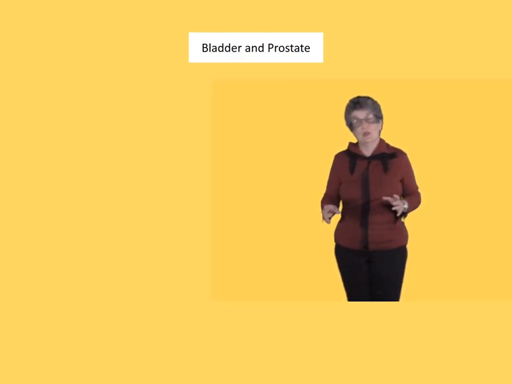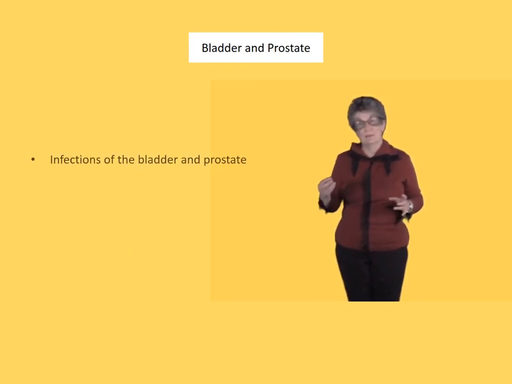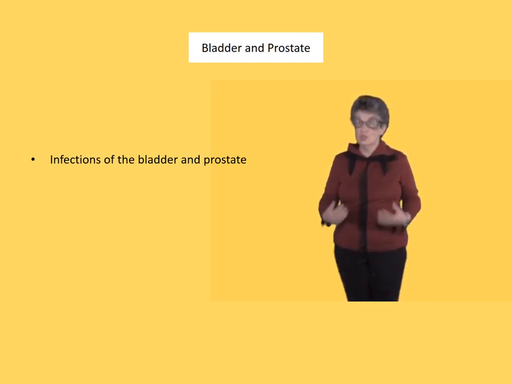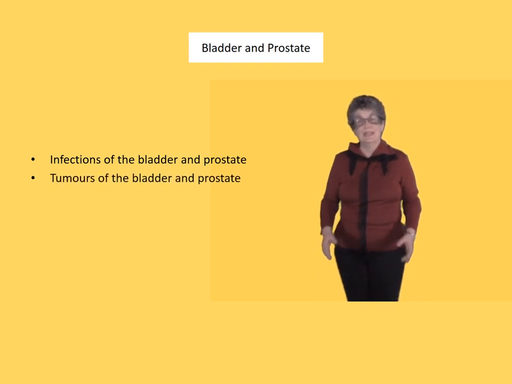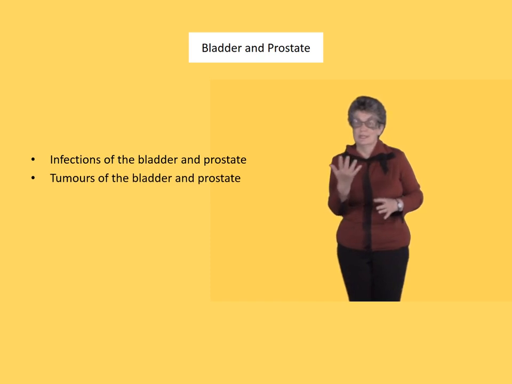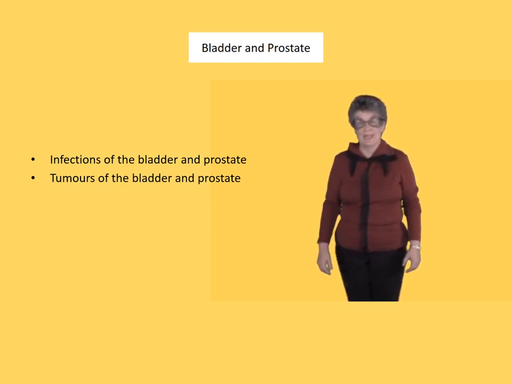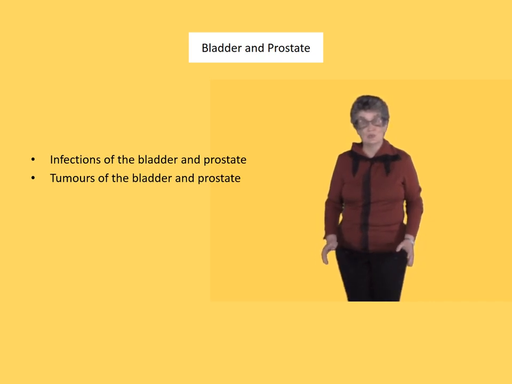So in this video we've thought about infections of the bladder and prostate, and in the prostate we've thought about acute and chronic infections. We've thought about tumours of the bladder and prostate. In the bladder it's transitional cell carcinoma, which looks like little cauliflowers and papillae, and in the prostate these appear as nodules in the outer part of the prostate.